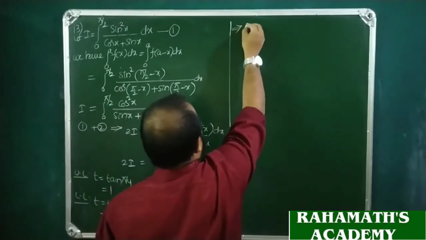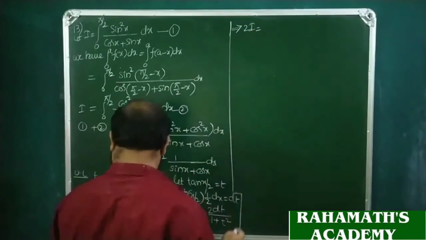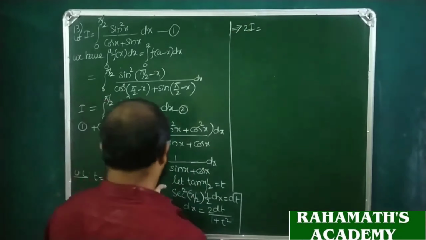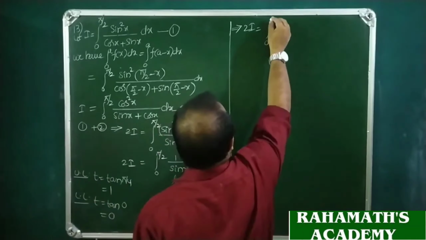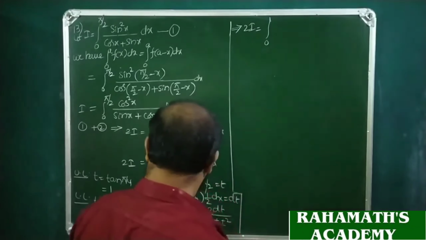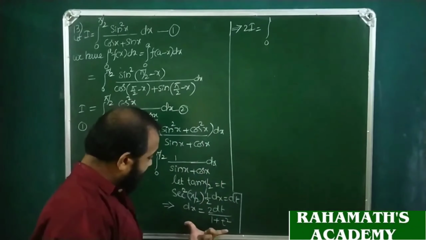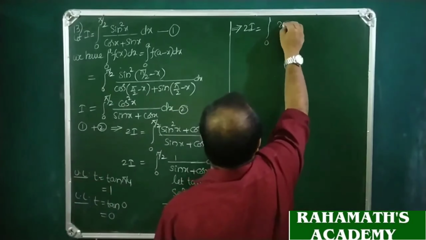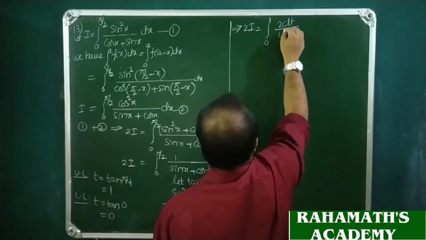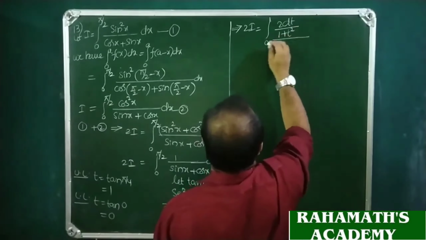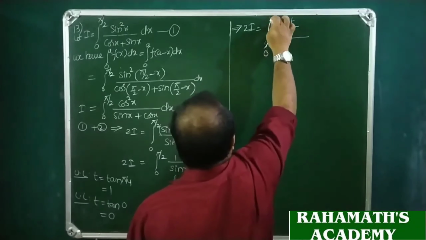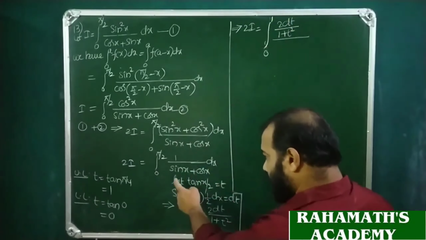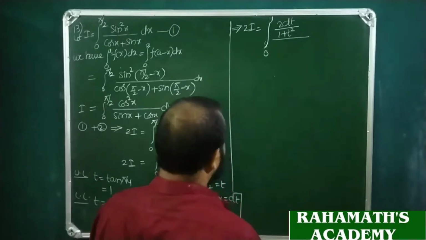So that implies 2I equals the integral from 0 to 1 of 1 into dx, and dx is 2 dt by 1 plus t square, by sin x plus cos x.